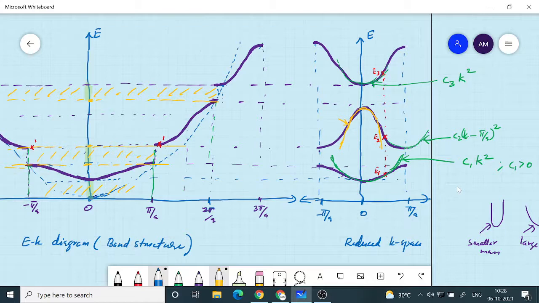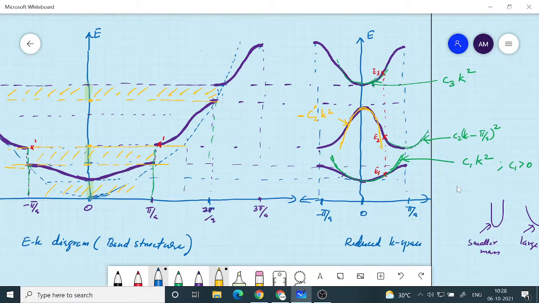This one I can call C2 dash k square, but what should be the sign? If I take C2 to be positive, I should have minus.